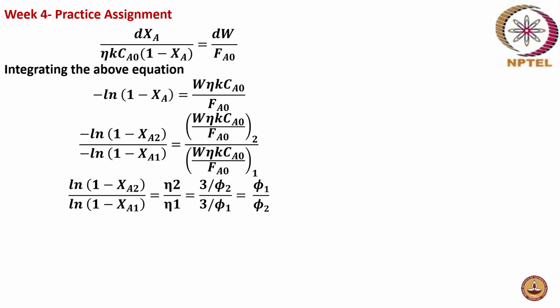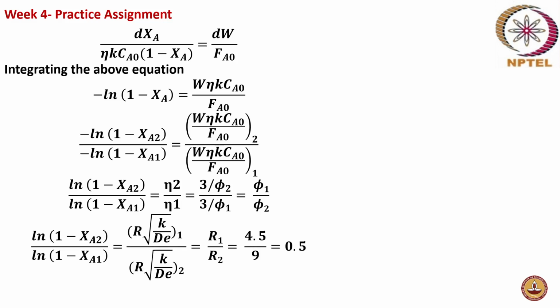And then cancelling out the other terms which we can assume as constants, you will get the ratio of ln of 1 minus Xa2 by ln of 1 minus Xa1 is equal to eta 2 by eta 1, which is equal to 3 by phi 2 by 3 by phi 1, which is nothing but phi 1 by phi 2.